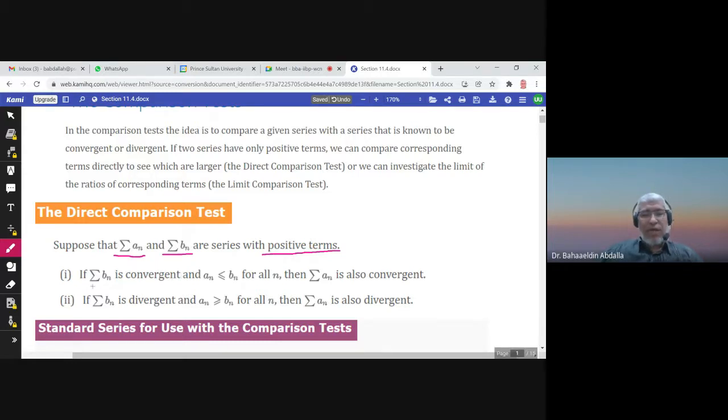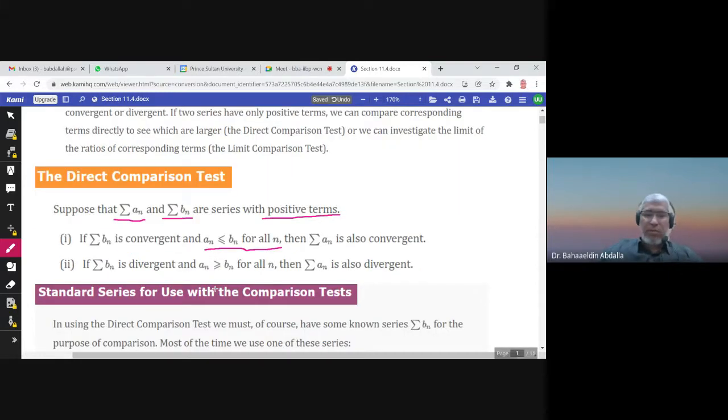And if summation bn is convergent and an is less than or equal to bn for all n, then summation an would be also convergent. Notice that an is less than bn and summation bn is convergent.